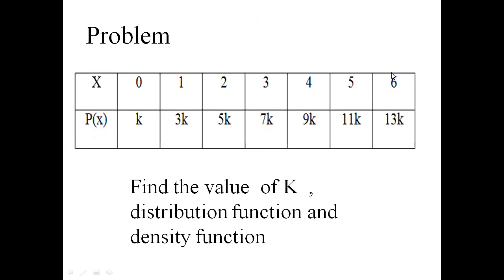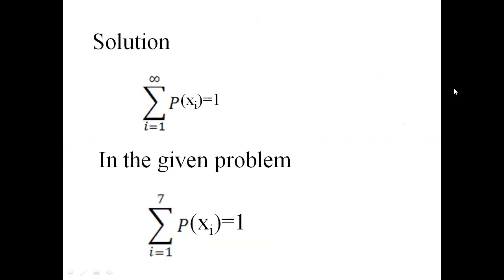By observing this table, easily we can say this belongs to discrete random variable. Whenever we know this belongs to discrete random variable, then first thing is, what is the formula for distribution function and what is the formula for density function?